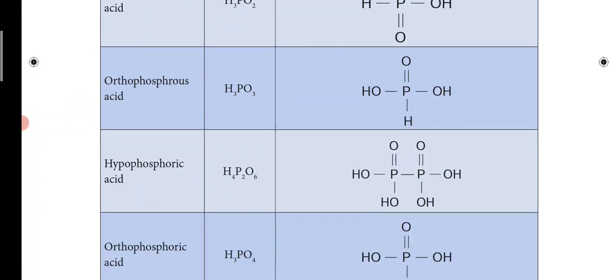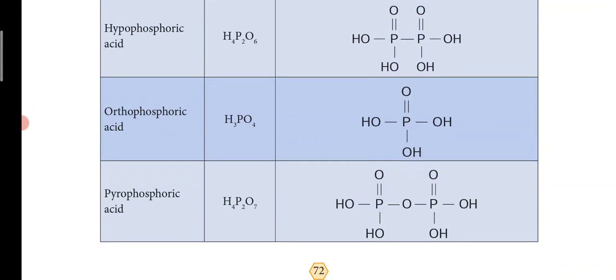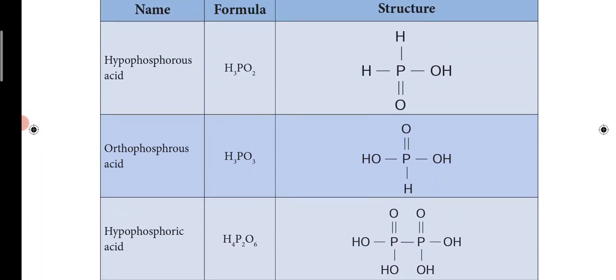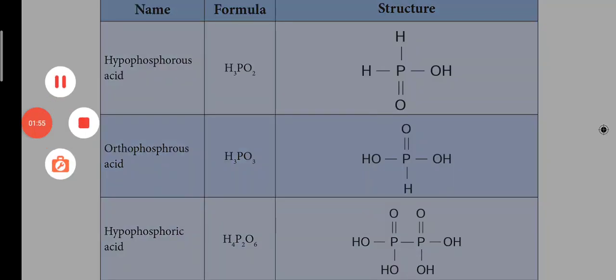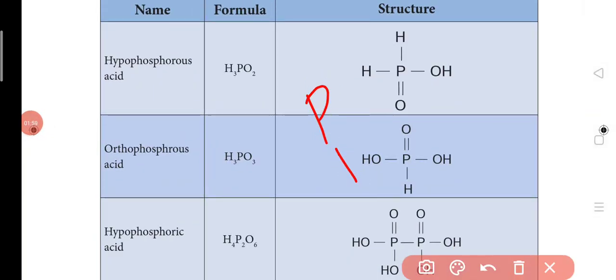Orthophosphorus acid is H3PO3, and orthophosphoric is H3PO4, so one oxygen will be extra. Pyrophosphoric means H4P2O7. So how to remember the structure? One thing common in all the structures is P double bond O and OH.